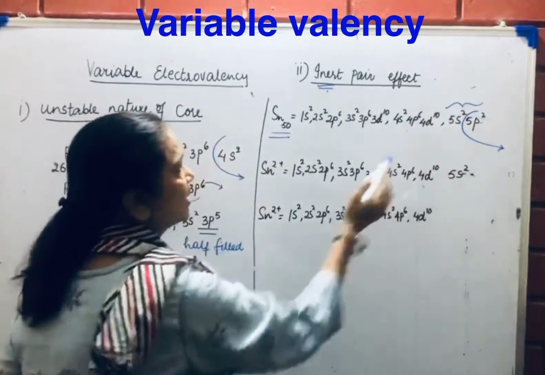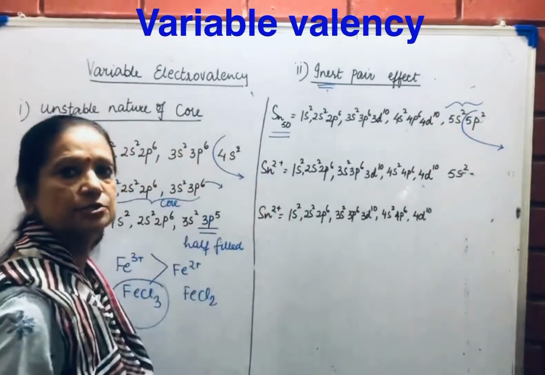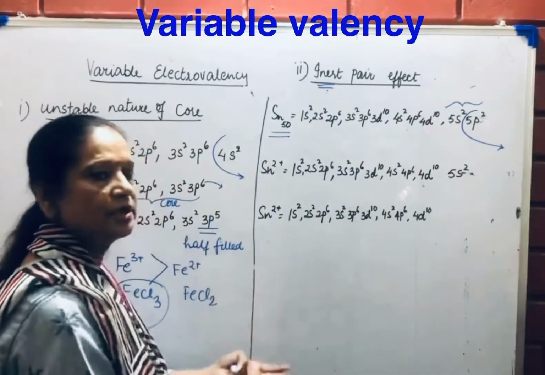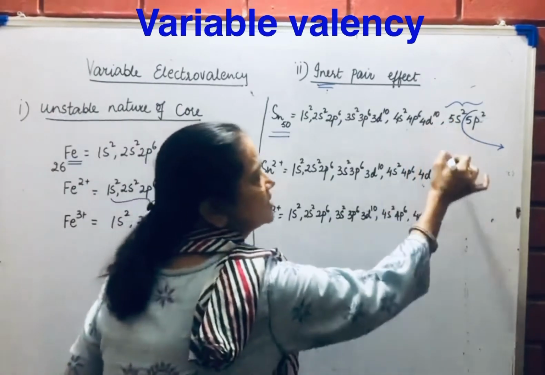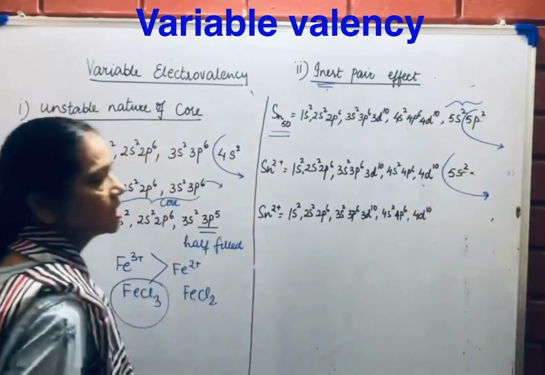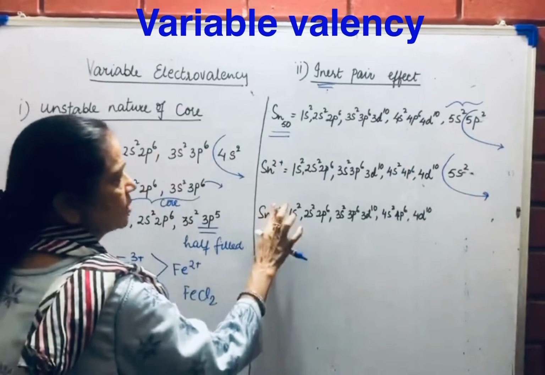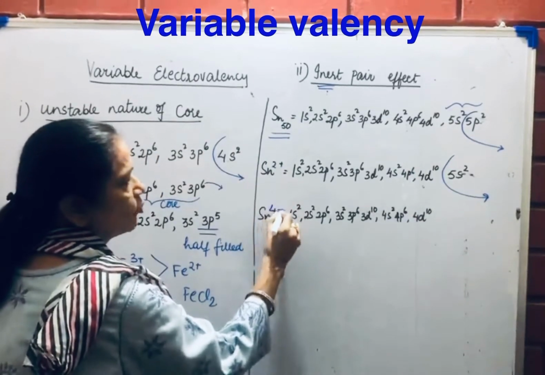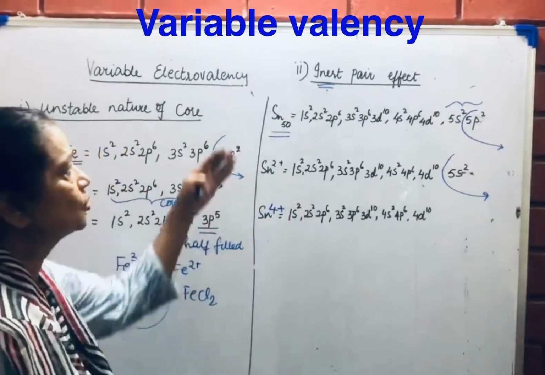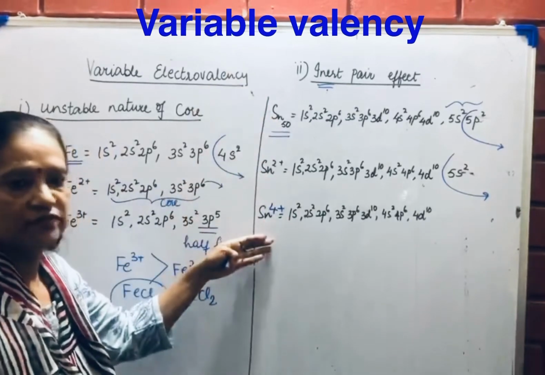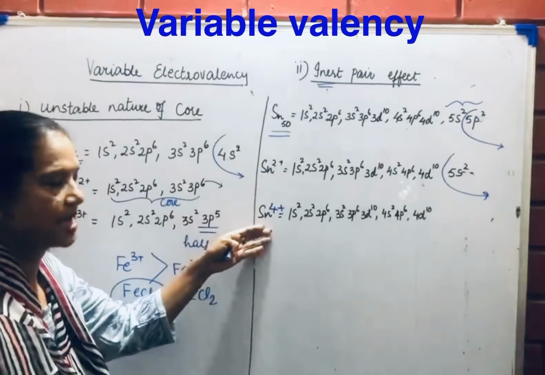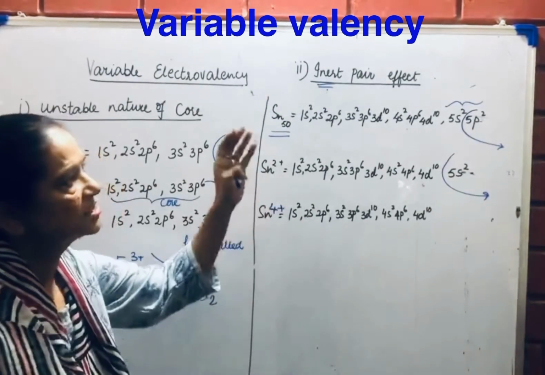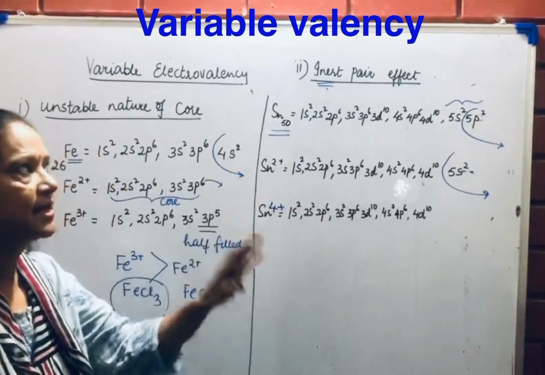When only 2 electrons are lost, it becomes Sn2+ ion. Further on heating, further on giving more energy, even these electrons get lost and so it becomes Sn4+ ion. So tin can show 2 types of valencies, Sn2+ and Sn4+, by losing first 2 electrons, then another 2.